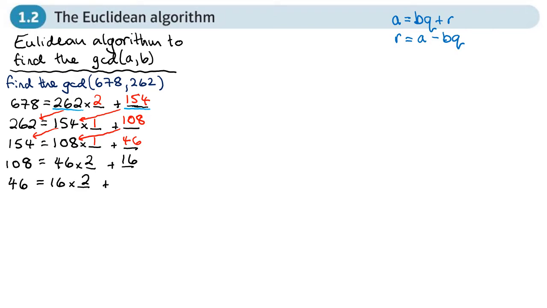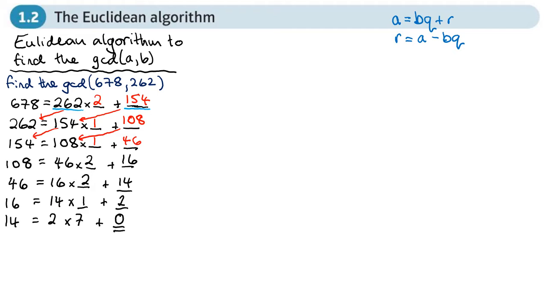That gives you a remainder of 14. The 16 shifts across to here, that's 14 times by 1 with a remainder of 2. Then the 14 shifts across, the 2 shifts here. Now this happens to be 2 times 7 with no remainder.